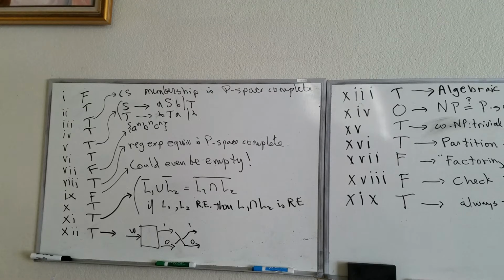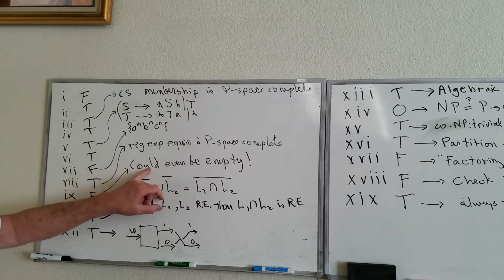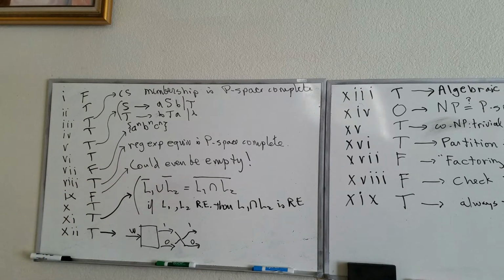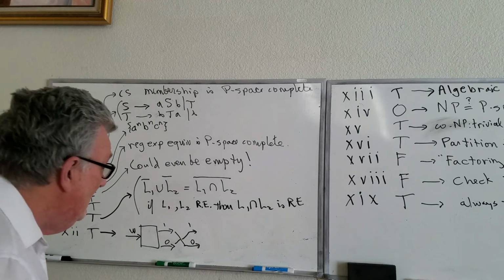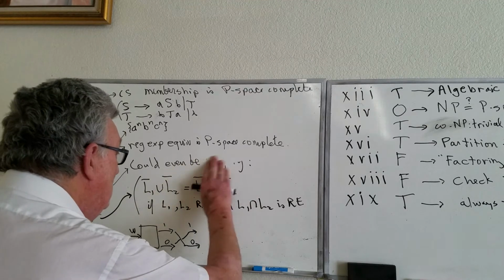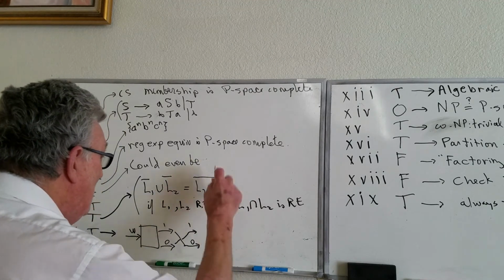Now, that implies that every PSPACE language reduces to it in polynomial time, so it gives us a true for number 8. The union of two undecidable languages is always undecidable. Now, that's false. In fact, the intersection, wait, it says the union is always undecidable. Oh, I was thinking of intersection. So it could even be sigma star that would be the correct answer.